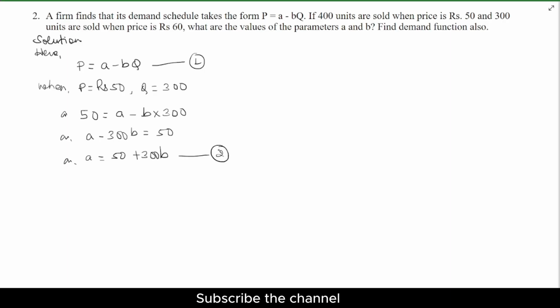Let it be relation 2. Also, what is given?